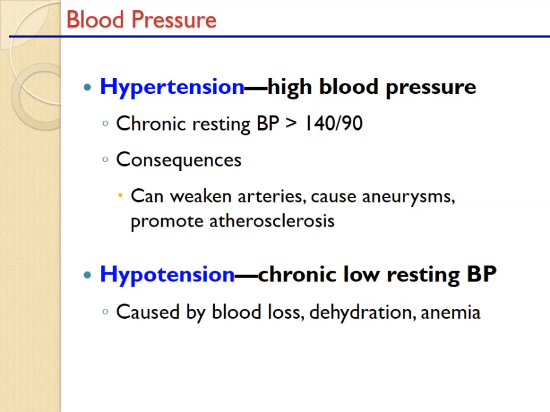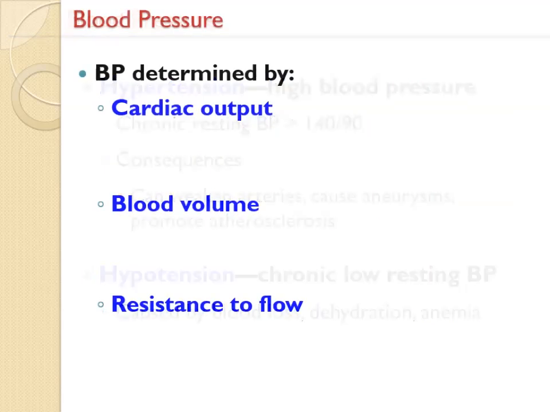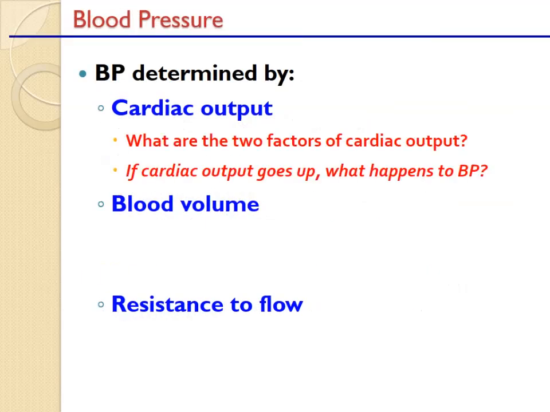Hypo is, of course, low. All right, so blood pressure is determined by cardiac output. What are those two factors? Anybody remember? Stroke volume and heart rate, right? So if cardiac output goes up, what happens to BP?